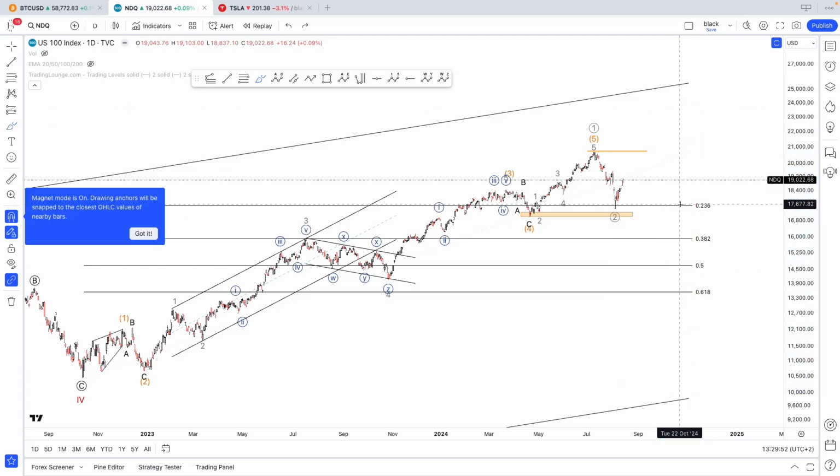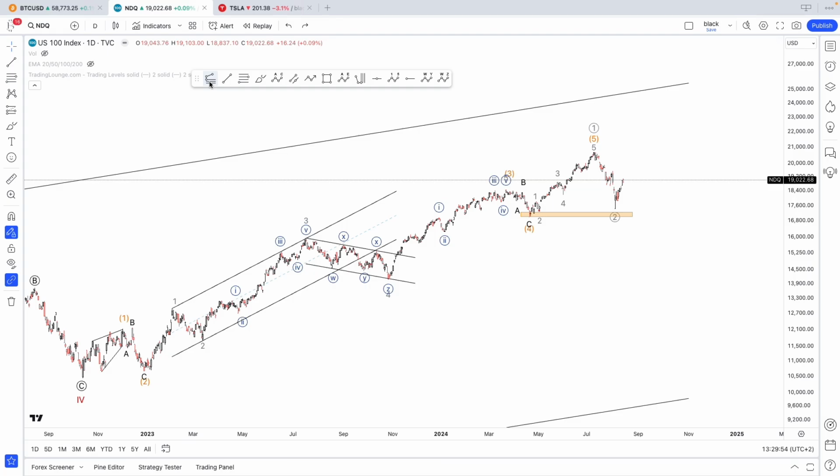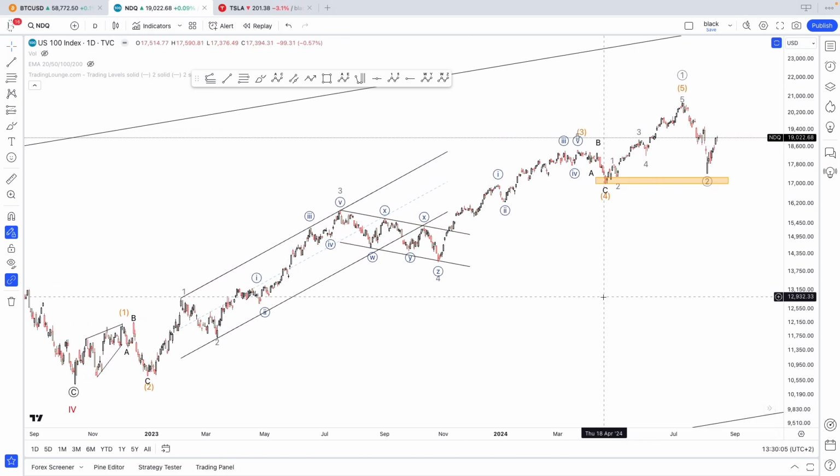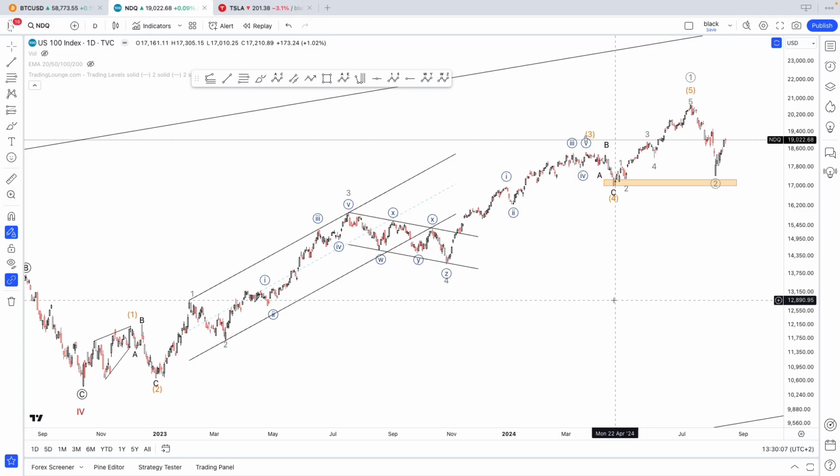Now, this tool right here is called Fib just because of how you use the ratio. What we're doing when we use Fibs is measuring. Let's say same corrections of the same degree will tend towards equality.